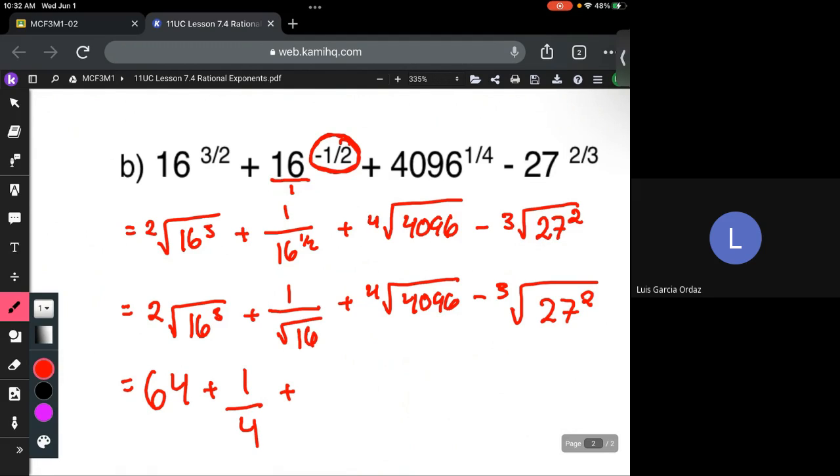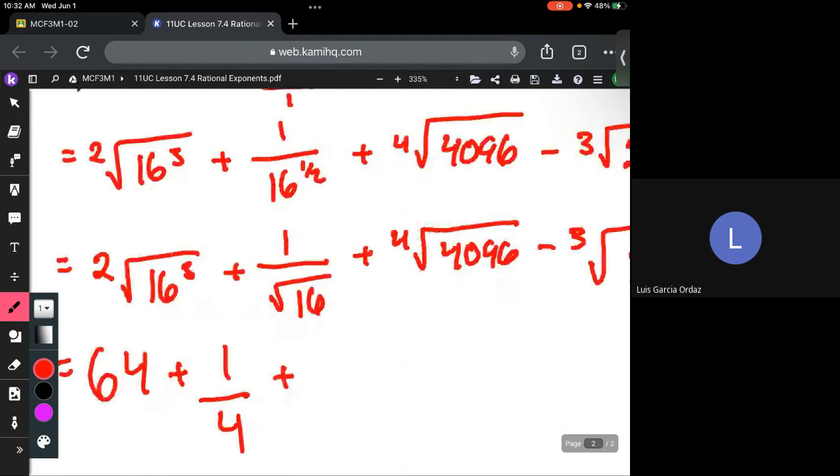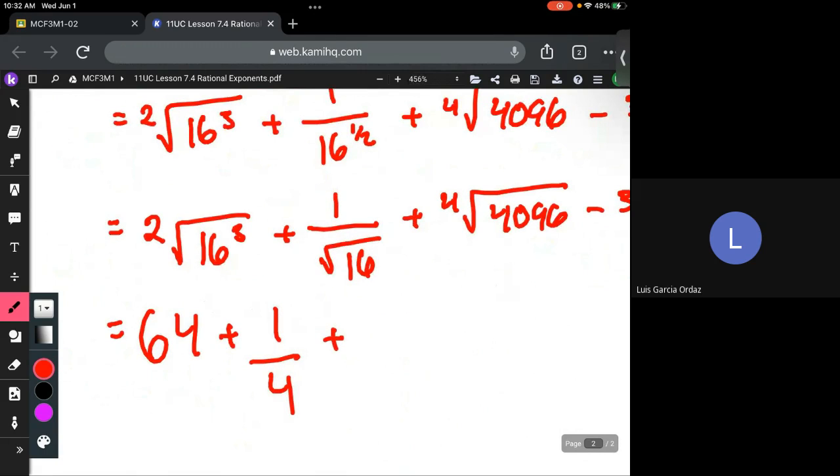What's the quartic root of 4096? So we're doing this one next. Is it 8? Yeah. For the 1 over 4, could you just press 0.25?